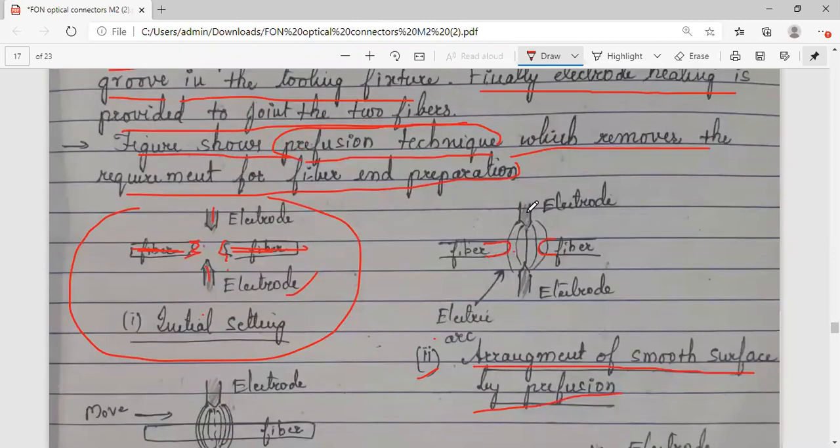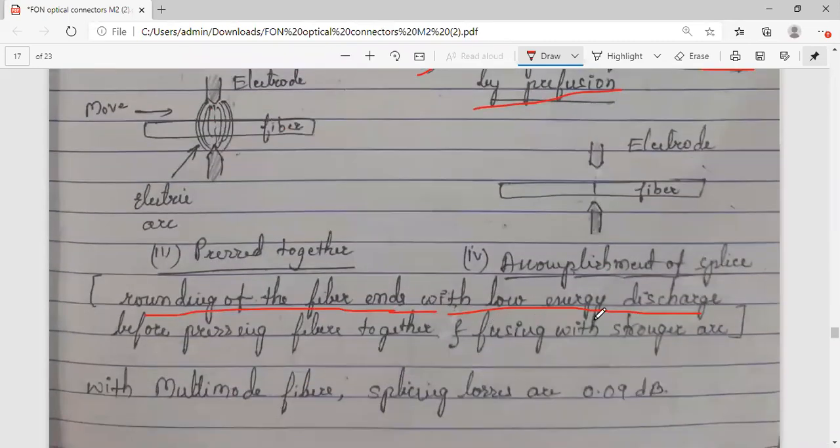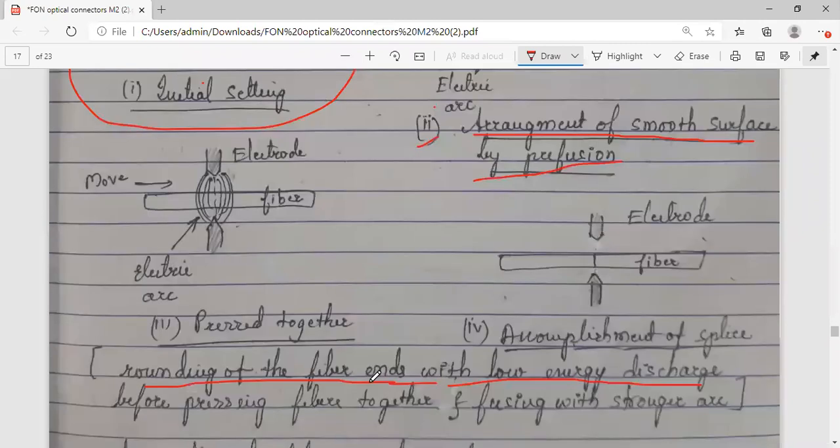These electrodes which are giving the energy, these are low energy discharge. It will not be highly localized, very intense energy. The intense heat it will not supply. It will give you a very mild, very low energy discharge, so that the irregular face will become round.